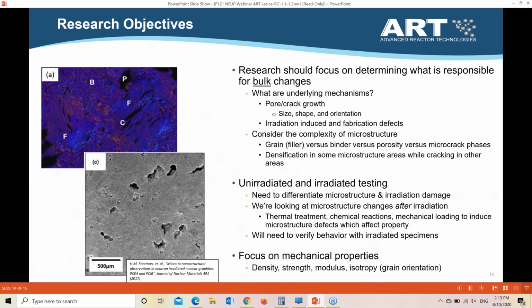So here are the research objectives for this scope. Research should focus on determining what's responsible for the bulk changes. What are the underlying mechanisms? How are the changes due to irradiation in the microstructure causing the changes within the graphite, within the filler versus the binder?